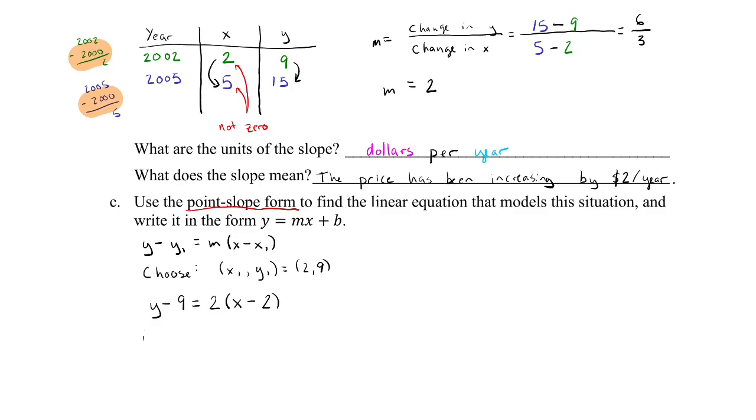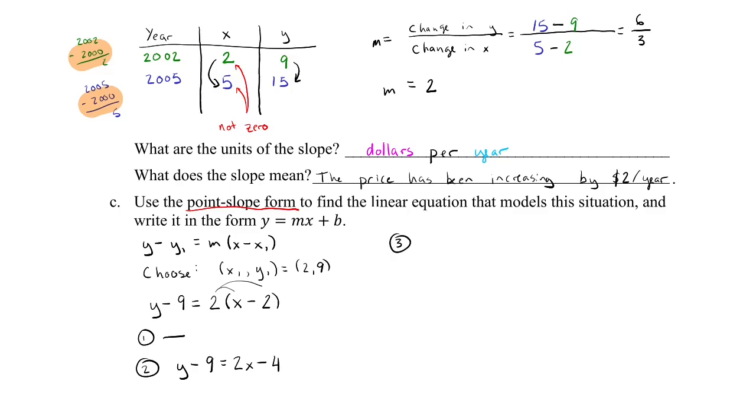Our first step is to rewrite any minus and negative as plus a positive instead, but we don't have anything to do for that. Our second step is to distribute on the right, so that'll give us y minus 9 is 2x minus 2 times 2 is 4.